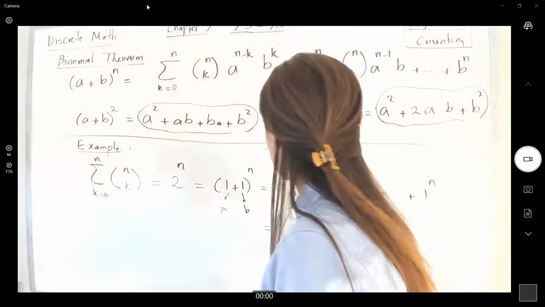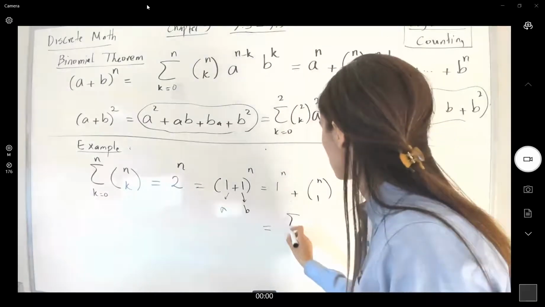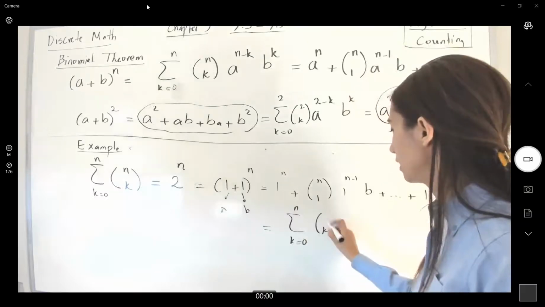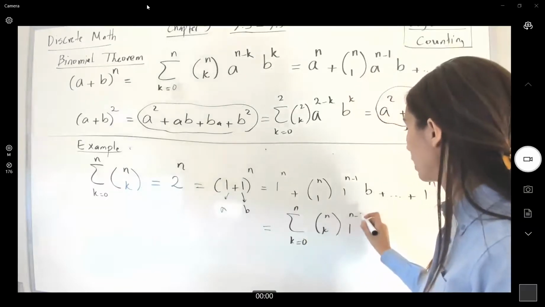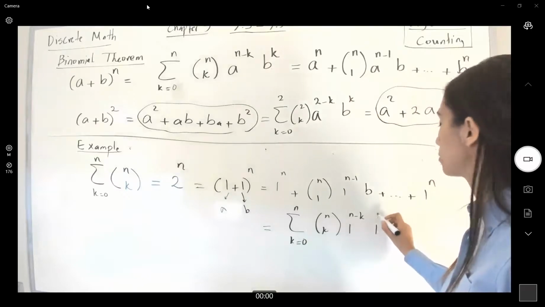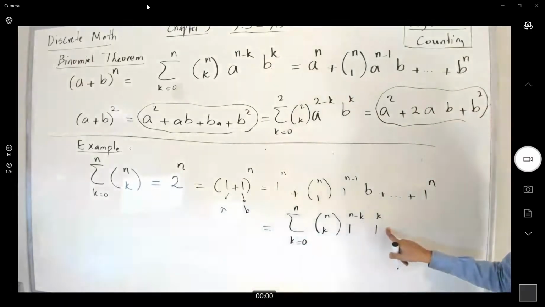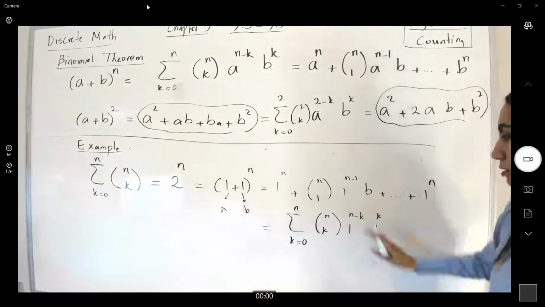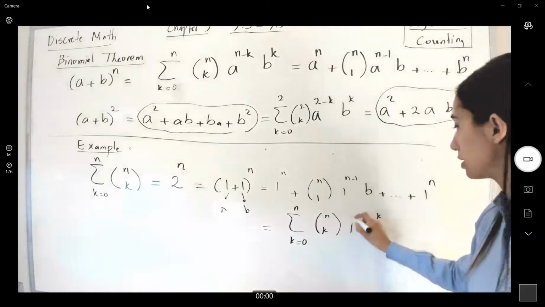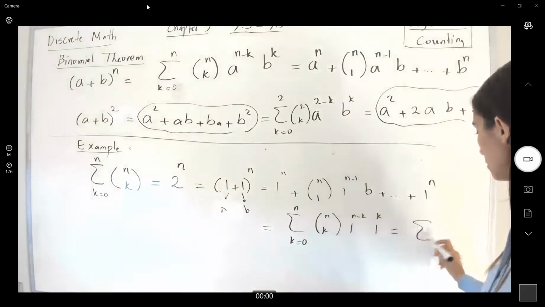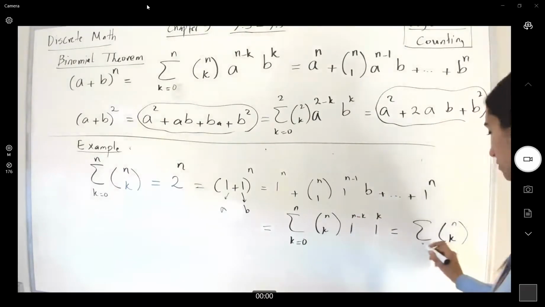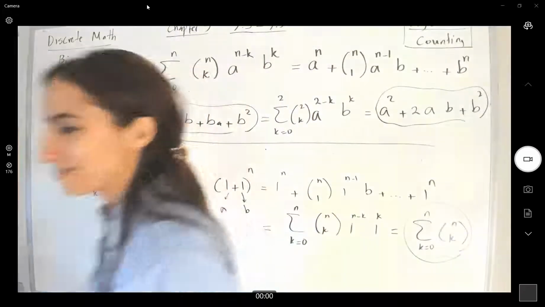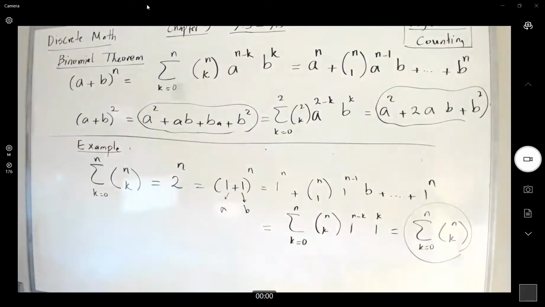So the summation is going to be k starts from 0, stops at n, k out of n, 1 raised to n minus k, 1 raised to k. But these exponents are not important. 1 raised to any power is equal to 1, so you can just ignore these. K starts from 0 and stops at n, so a is equal to 1, b equals 1.